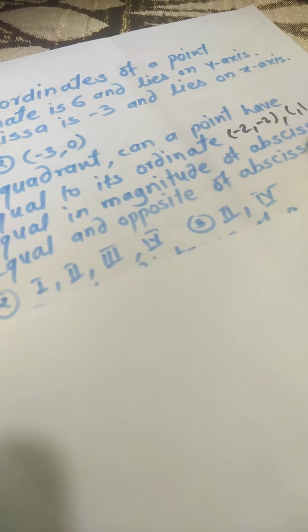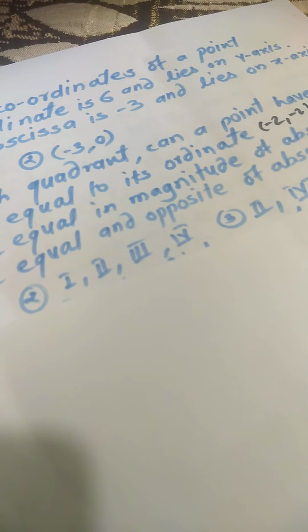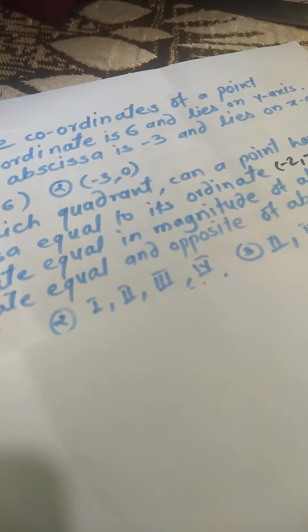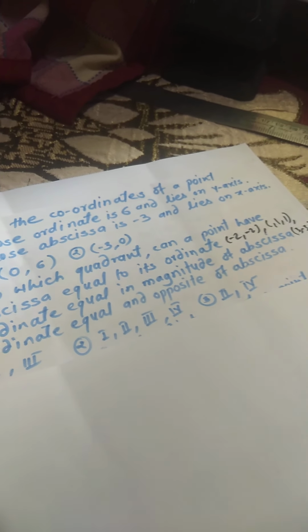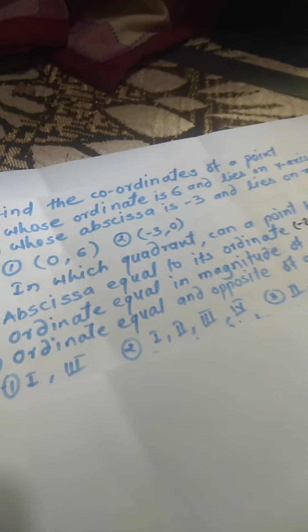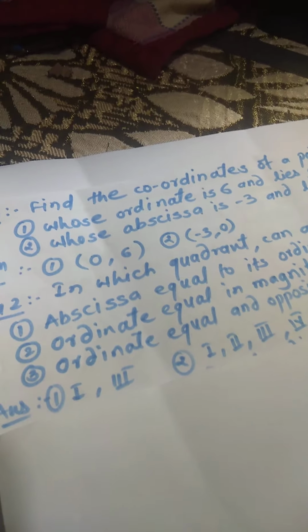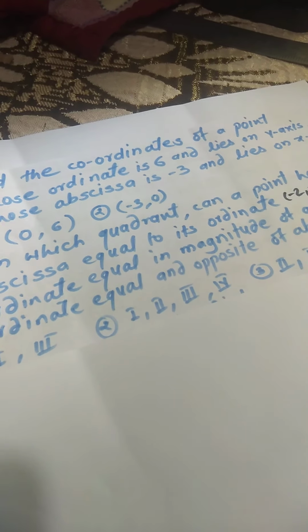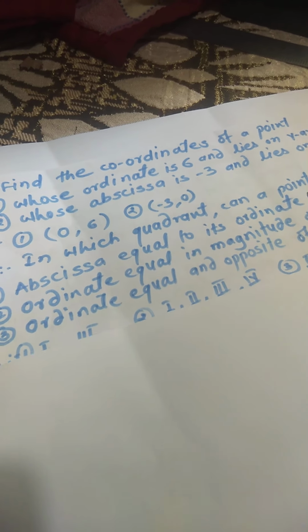In which quadrant is it lying? If 2 is there, the magnitude of 2 is 2. So in which quadrant will this point lie? In the first quadrant, second quadrant, third quadrant and fourth quadrant. All.